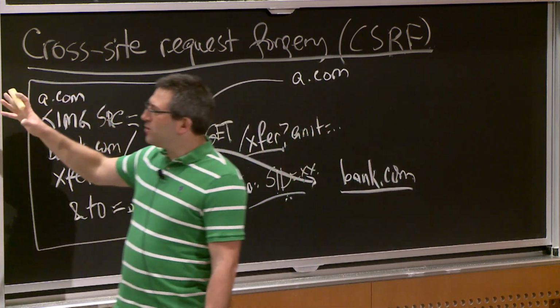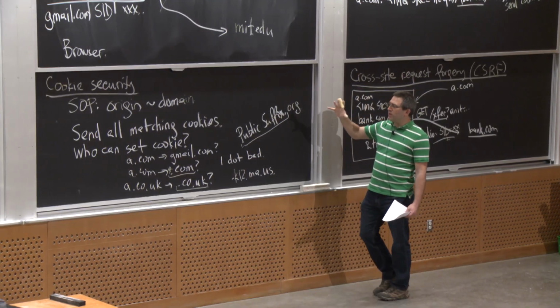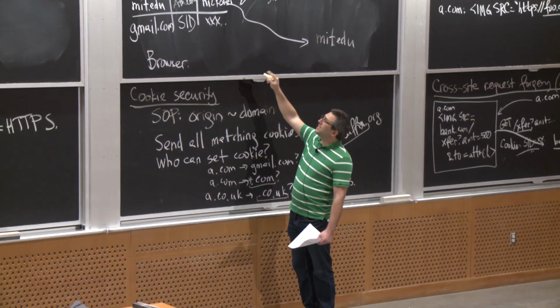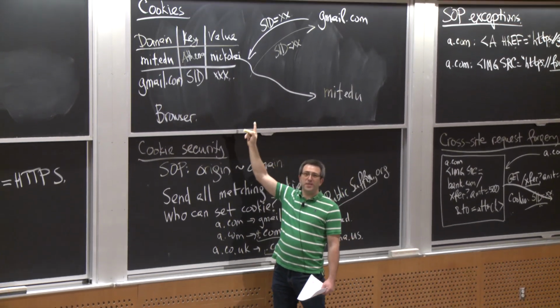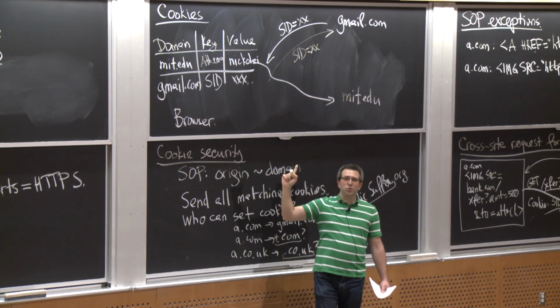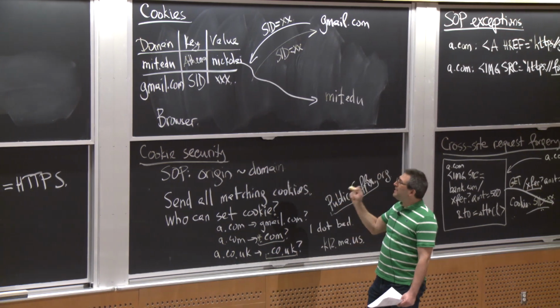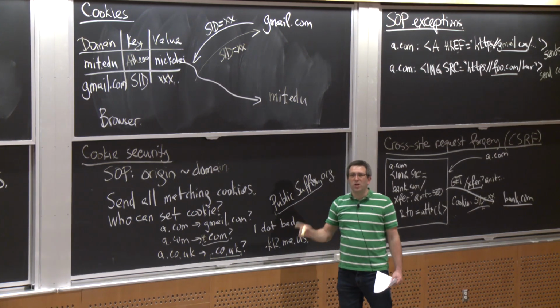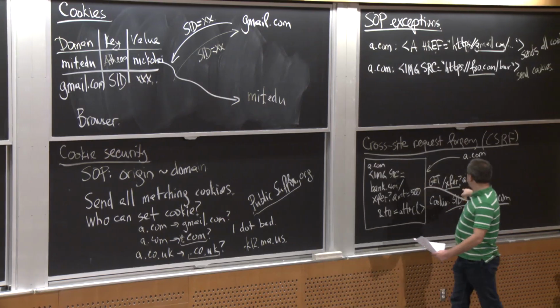So here, all the places where I've said that your cookies are sent with all their matching requests, the exception is that modern browsers extend this cookie table and have an extra column that says, this is a same-site cookie. And if it's a same-site cookie, it'll only be sent if that domain is causing the request to be sent, and will not be sent in all these crazy cases like this.